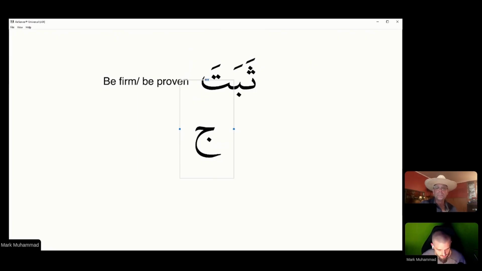So what would this one be? What's the letter? Jeem. And what would this say then? Ja. Yeah. So then I'm going to add a different letter. Ha. Exactly. Jaha. Exactly.